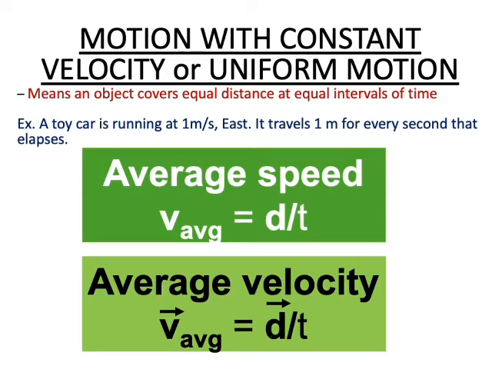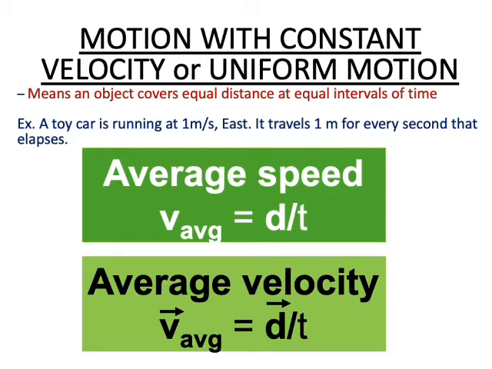An example is a toy car running at 1 meter per second east, meaning it travels 1 meter for every second that elapses. So these 2 formulas that you can see right now apply only to a kind of motion we call uniform motion, and that is a motion that has constant velocity or there is no acceleration.